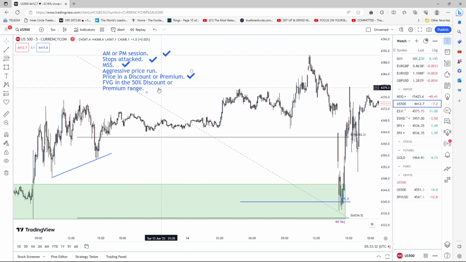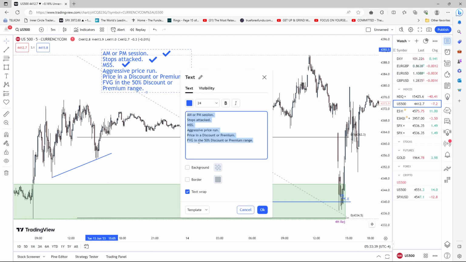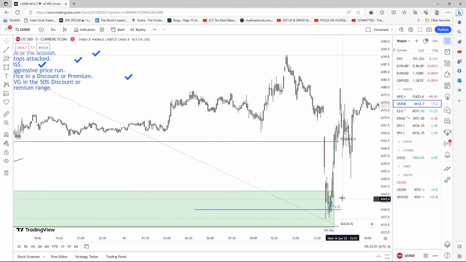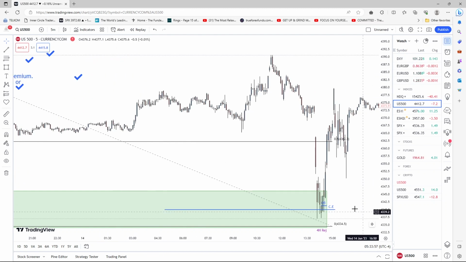Fair value gap in a discount. Okay, fair value gap. In this example, you can change this fair value gap in the discount or premium. That could be an order block, which was in the 50% discount or premium range. So that order block would have been in a discount. So that would be a tick because the order block would be in a discount or premium range. Correct.